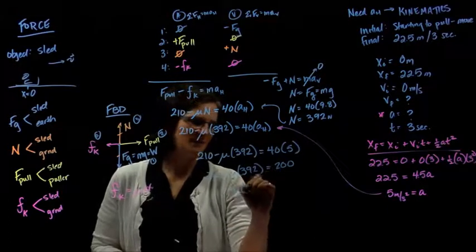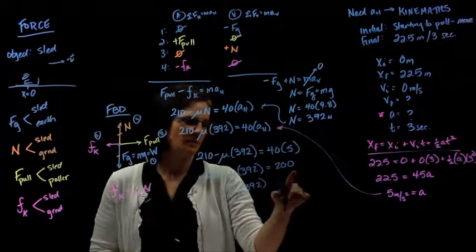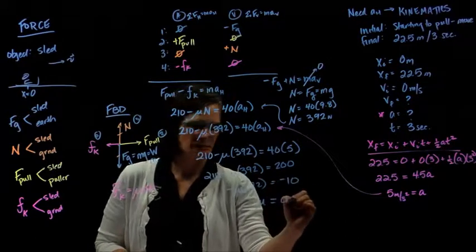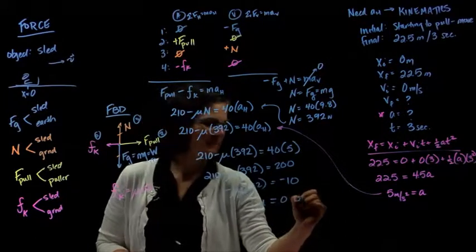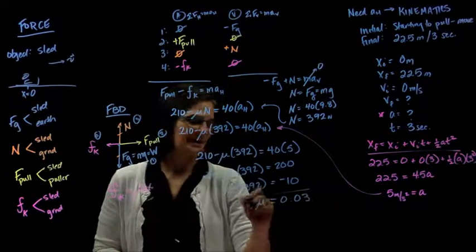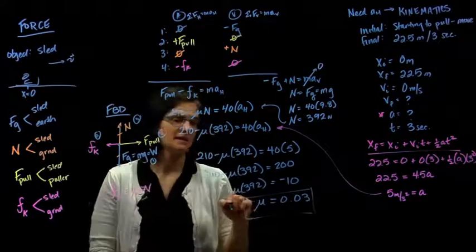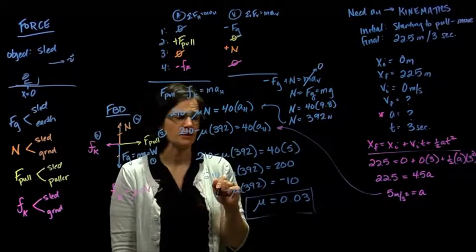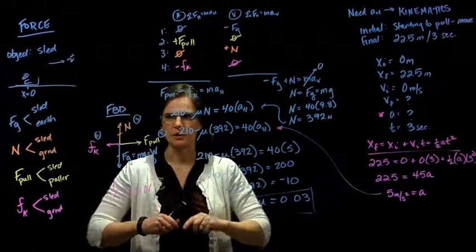Minus mu times 392, bringing the 210 to both sides, is equal to minus 10. And we see that mu is equal to 0.03. It's less than 1. That's a good thing. It needs to be less than 1 and greater than 0, because we know there's some friction. And we determine our coefficient.